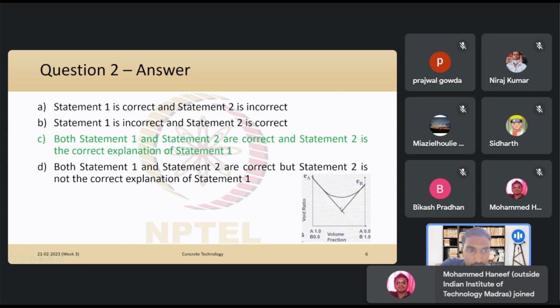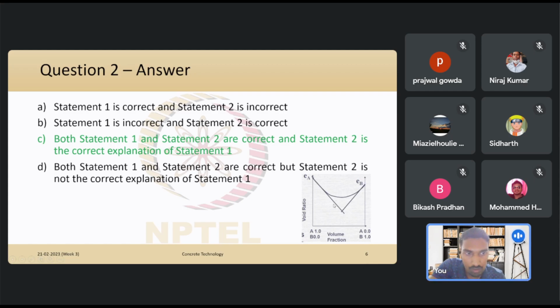So the void content that we estimate from these expressions will be much lower than what it actually is. The curved line is the actual void ratio in a binary mixture, showing how it varies with the different volume fractions. This is found from experimental results, so that is the actual trend that we will observe.